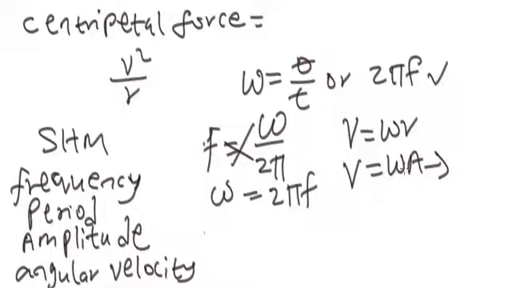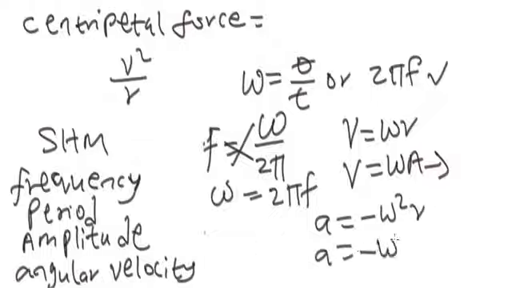Now, if you want to calculate the acceleration of a simple harmonic motion, it is calculated using acceleration equals minus W square R, where R is radius, or A equals minus W square A. This capital letter A is the amplitude at maximum. Alright, so these are basic formulas you need to get used to in simple harmonic motion, and you'll be good to go.